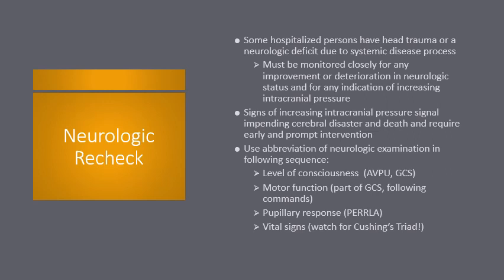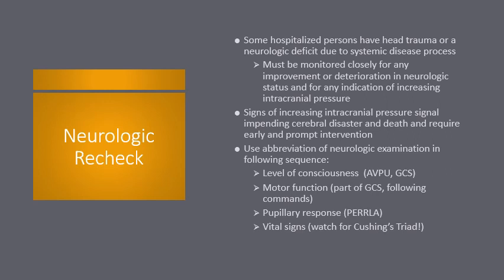So again, it's super important to establish a baseline, but then recheck neurologic function as you're caring for patients. When you think about head trauma or neurologic deficit due to systemic disease, it's really important that you monitor patients closely for improvement or deterioration in neurologic status and any indication of increasing intracranial pressure.